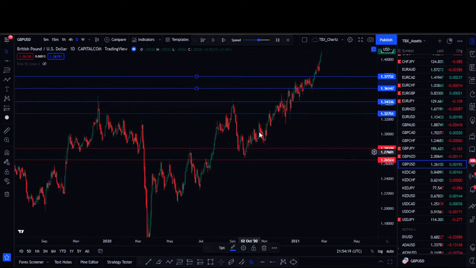As you can see, price has broken this high, and I think it came to retest here, then continues the uptrend. Since you've already figured out that price has broken this high and this side, it means that the possibility for price coming down to these two zones is actually very, very slim. In fact, if price is coming back to these two zones, I'm going to be looking for a reversal.